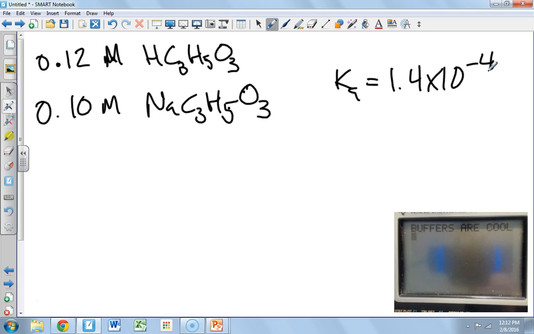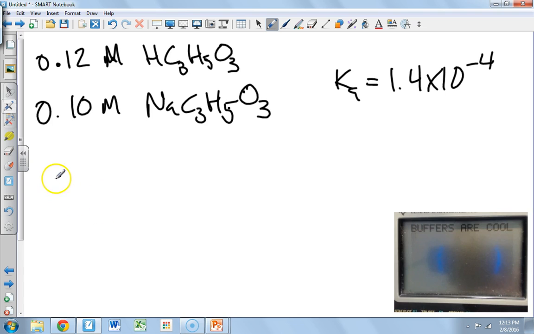Here we go. This is a weak acid problem. Anytime we have a weak acid problem, if we forget that the Henderson-Hasselbalch equation even exists, we would just use what we know about weak acid equilibrium.